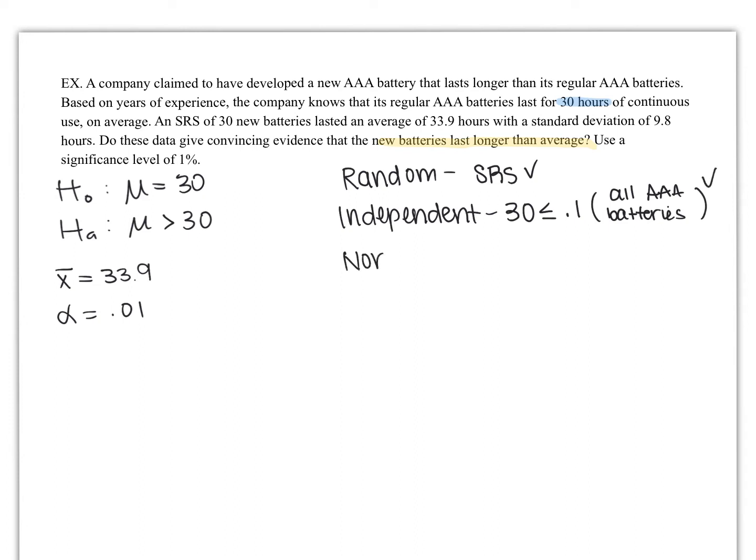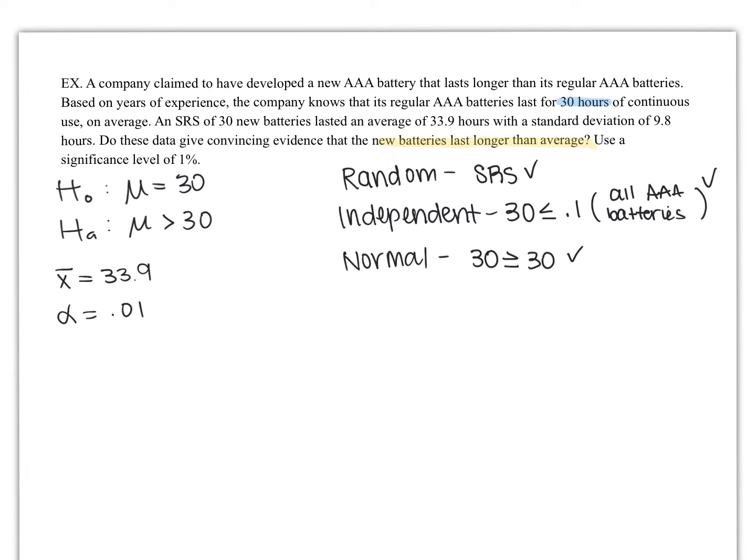And lastly, we're going to check normal. So I'm always going to start with my sample size. In this case, my sample size is greater than or equal to 30, so we're good. If my sample size hadn't been greater than or equal to 30, I would have then looked for words in the problem that indicated that it was normal.